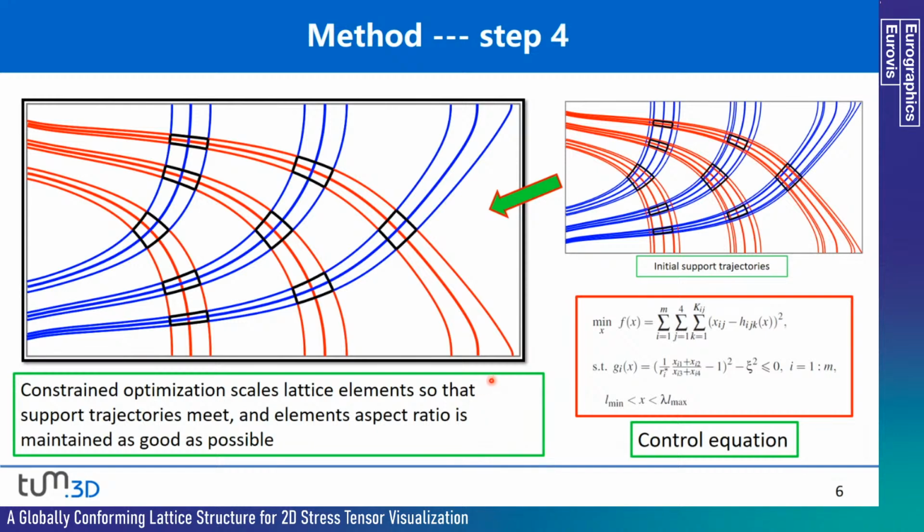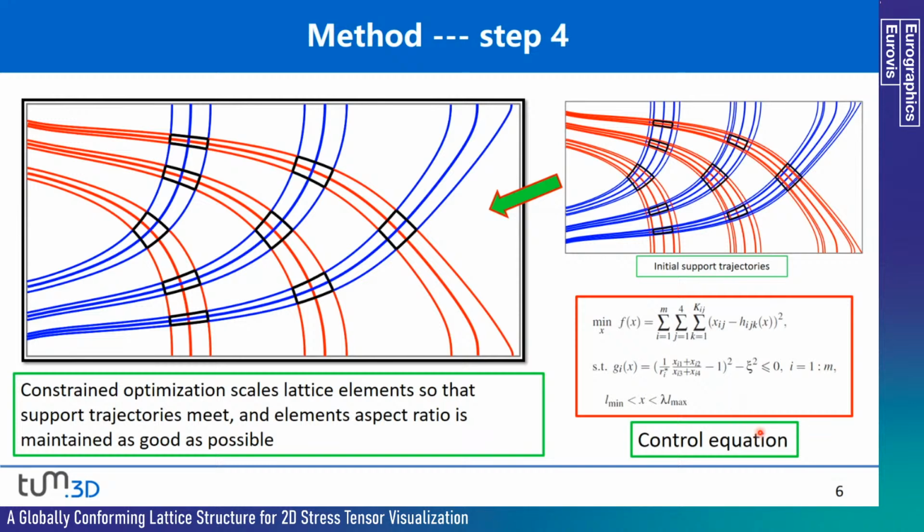To address the unmatched issue, we introduce a constraint optimization to scale the lattice seed elements so that the corresponding support trajectories match. We build this control equation to achieve the optimization. The objective function f is designed to be a metric for the global conformity, and the constraint function g is used to ensure that the shapes of the optimized seed elements can still encode the principal stress ratios to some extent.